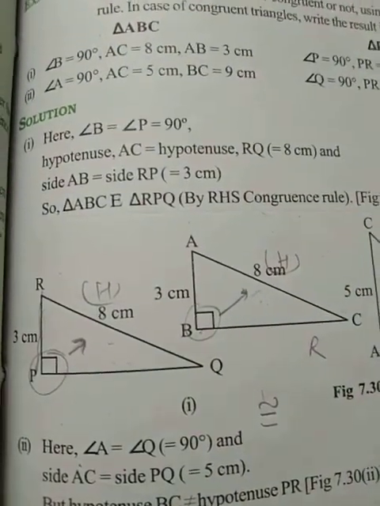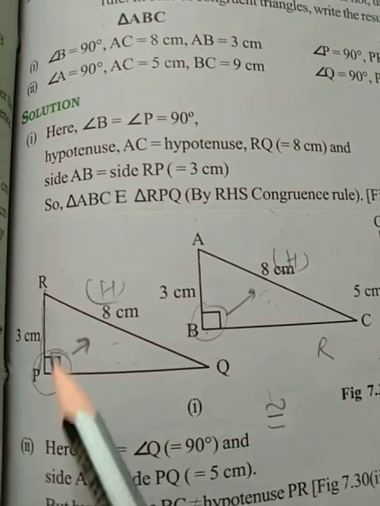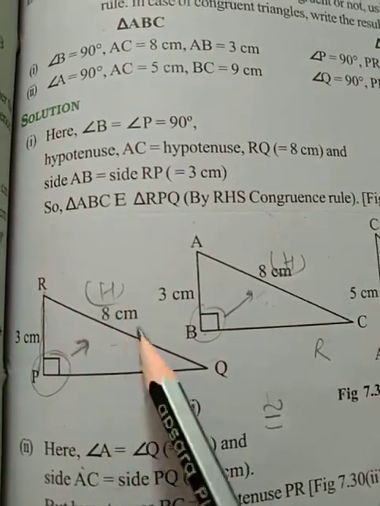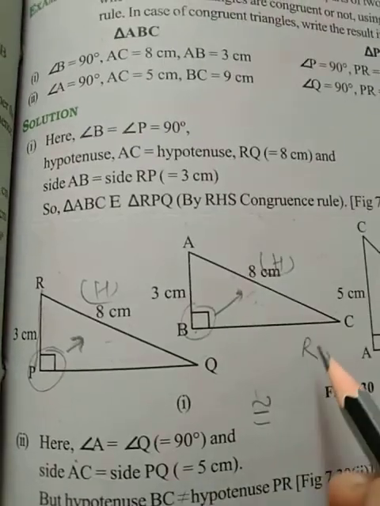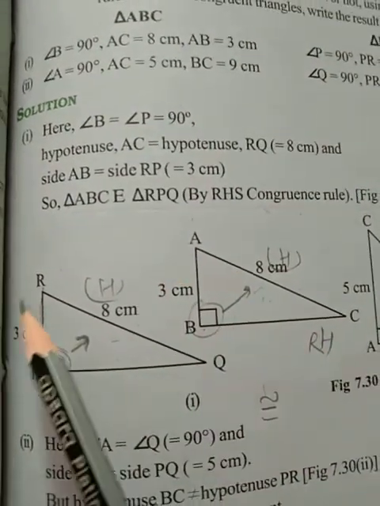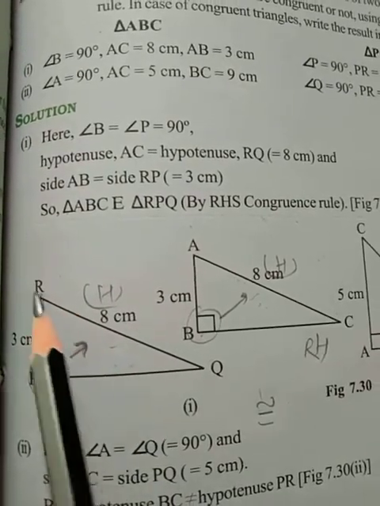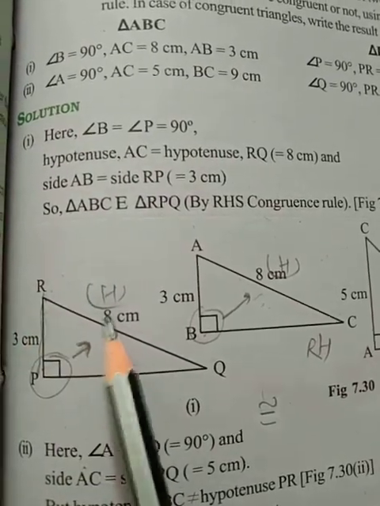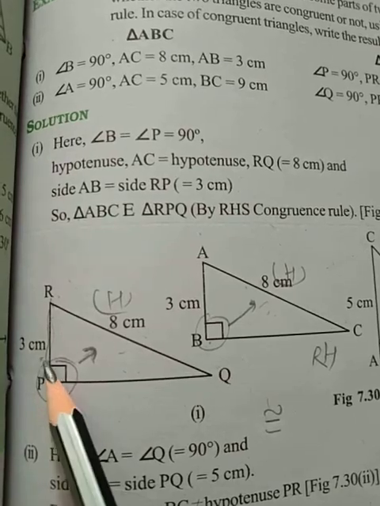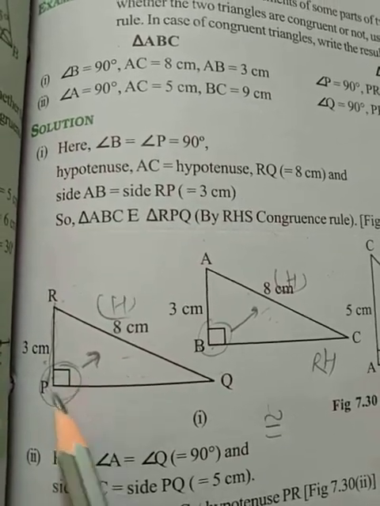Okay, now see, 8, 8, this is also equal, H. Now the side: see R to P, see very carefully that R point is in between 8 and 3 and it is ending on 90 degree.